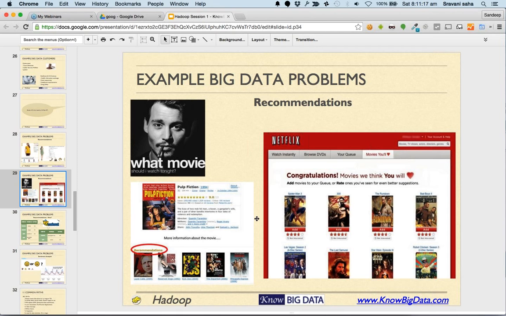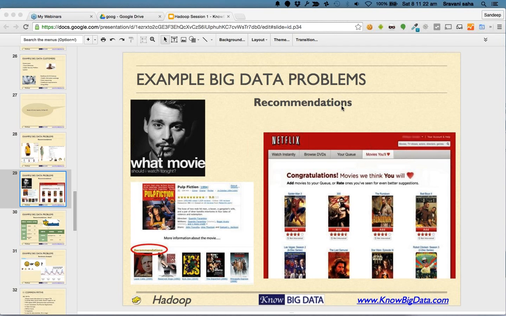So if the movies I liked are very similar to Shashi's movies, which means Shashi and I are similar in behavior, then the extra movies which I have watched and liked, which Shashi has not yet, we can recommend to Shashi. And similarly, the movies which I have not watched but Shashi has watched and liked could be given to me as recommendation, and that's how the recommendation engine works.